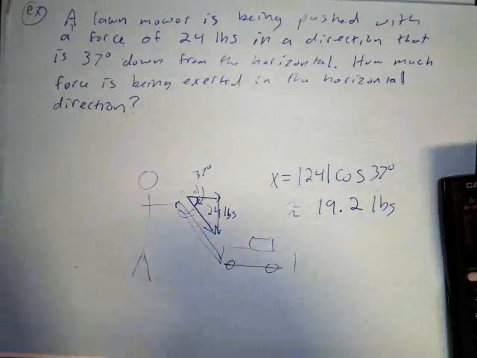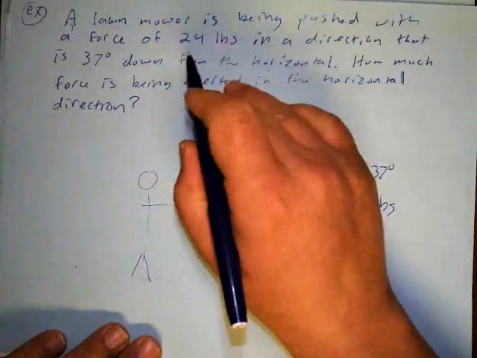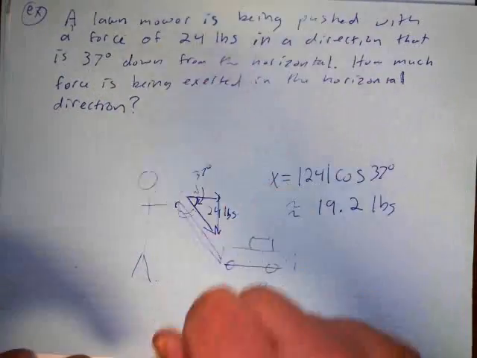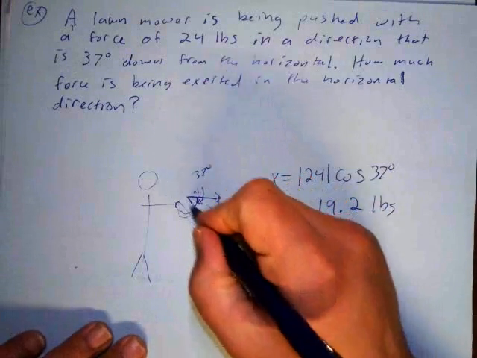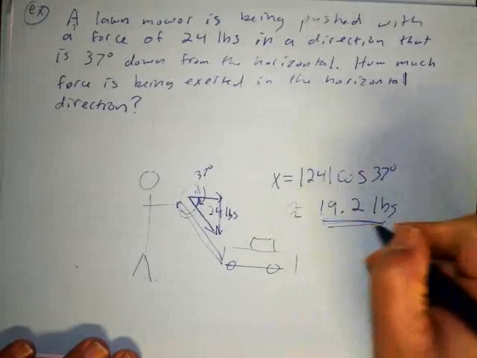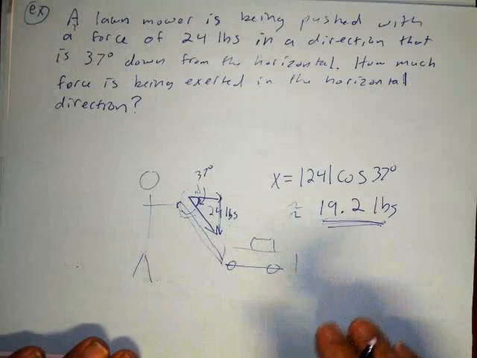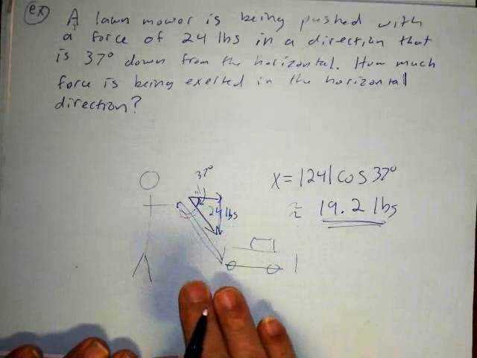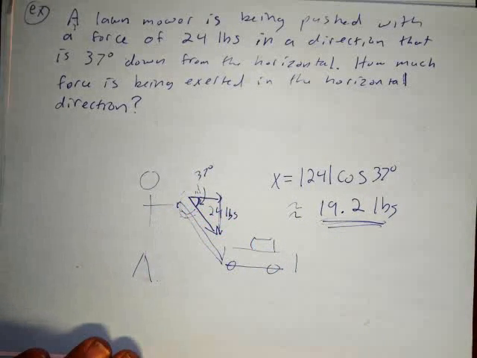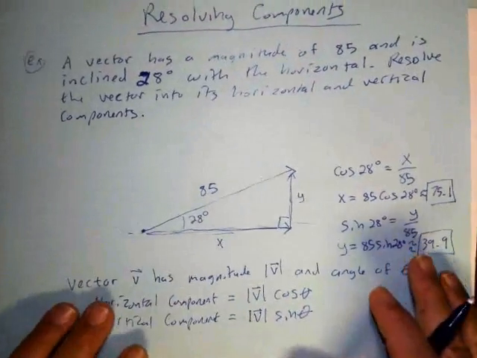If the person is pushing the lawnmower with a force of 24 pounds going down at an angle of 37 degrees, then this is how much of the force is actually pushing that lawnmower in the forward direction. The other is going downward. So there you go. That's the idea of resolving a vector into its horizontal and vertical components.